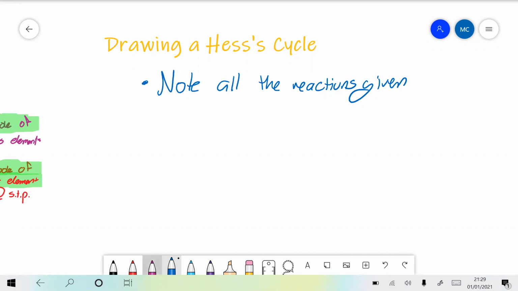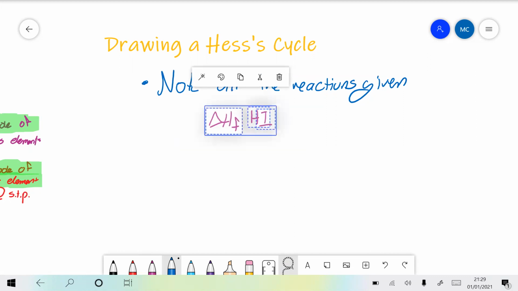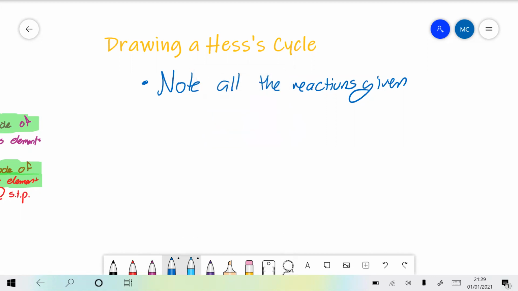If I give you something like delta H of formation of HI, that is a reaction on its own. Why? Because delta HF means enthalpy of formation, and formation of HI will have to be from the elements. It might not be the reaction that you're most comfortable with, but it's a reaction in its own right.